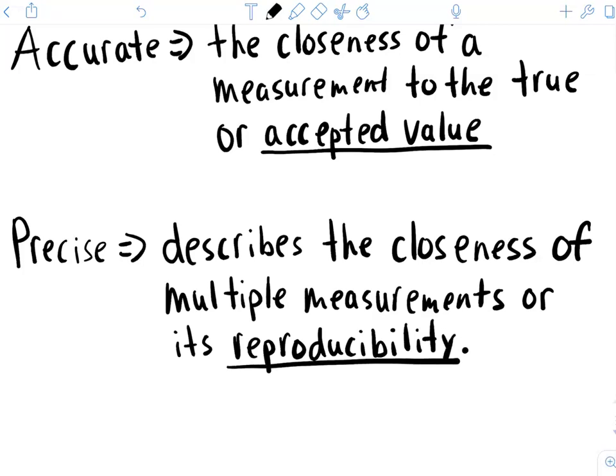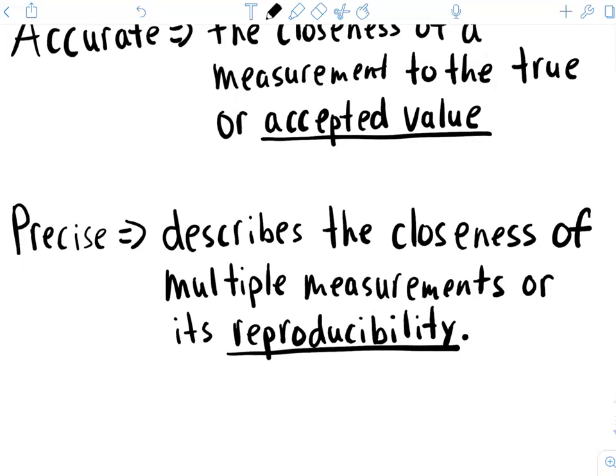So what we mean by being precise is, if I have all of my data or all of my numbers, how close are they to one another? Instead of being close to the actual or accepted value, we're just worried about whether they are close to one another.